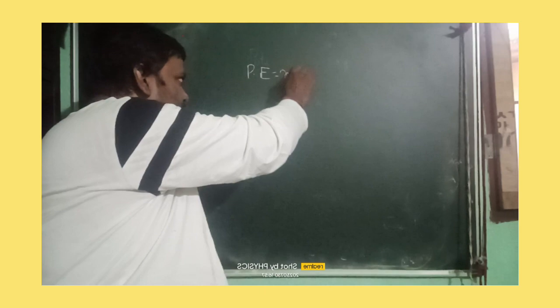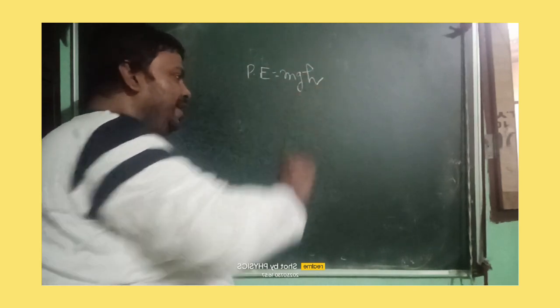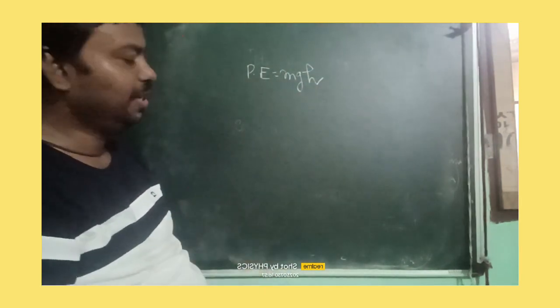What is the expression of the gravitational potential energy? The expression is mg into h.